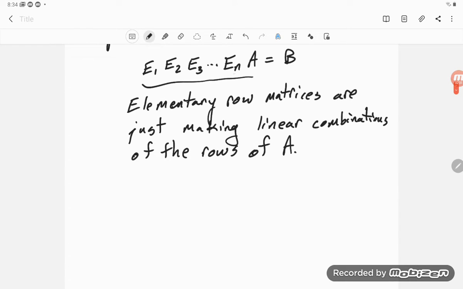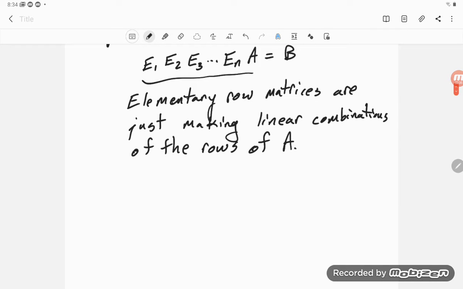Hopefully, for each of these, if I swap the rows, actually I haven't done anything. Swapping rows does nothing. I haven't even changed the columns.